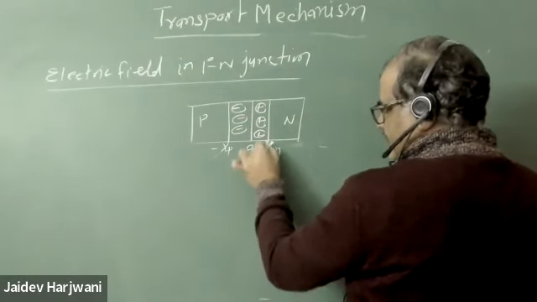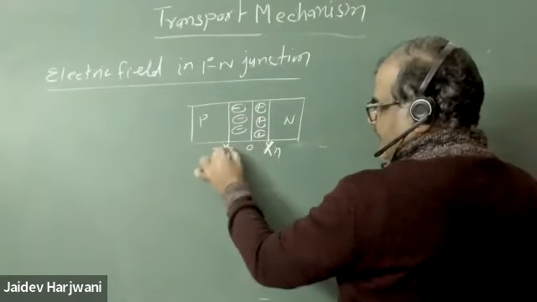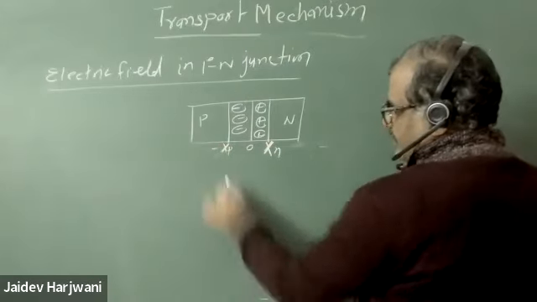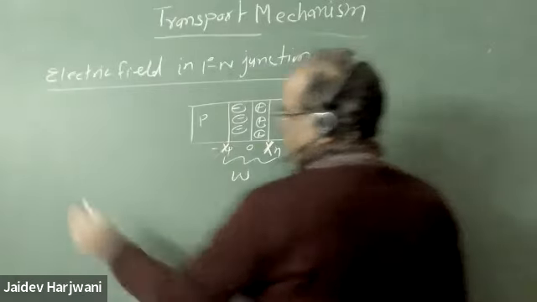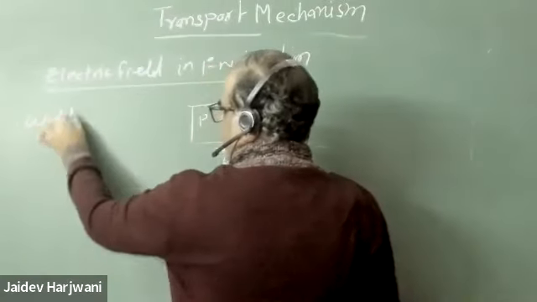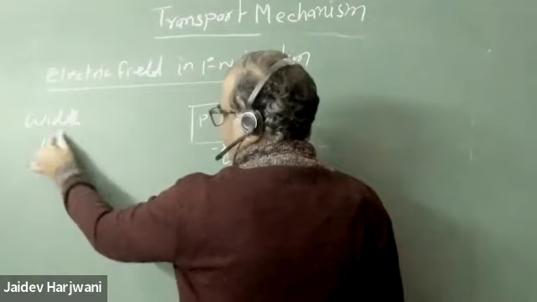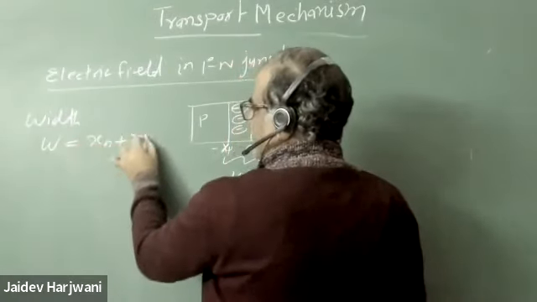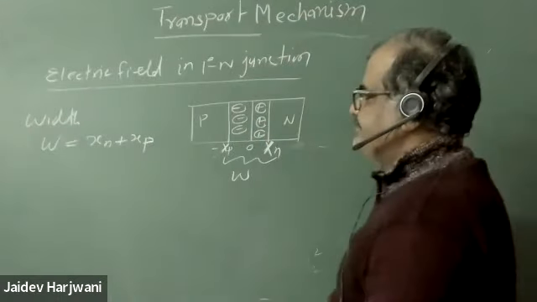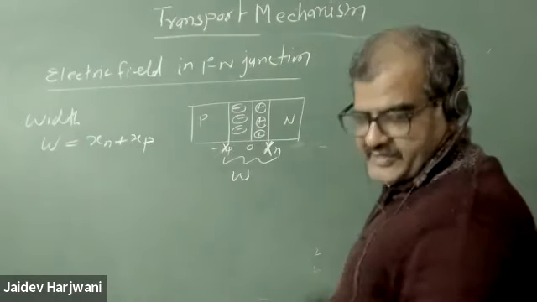These are the boundaries I am defining: Xp, 0, Xn. This total is called the width of the depletion region, so W is equal to Xn plus Xp.